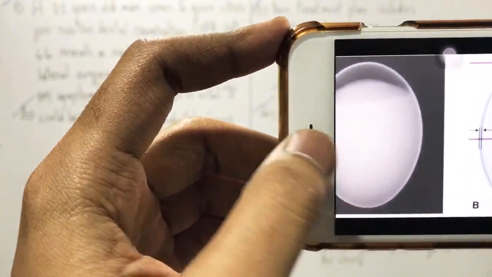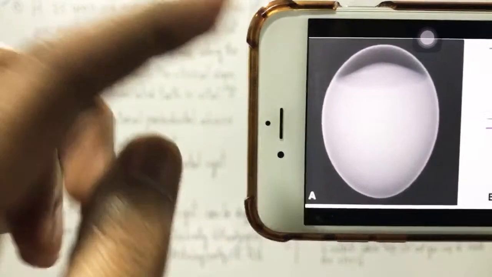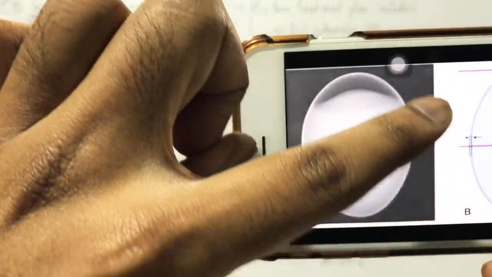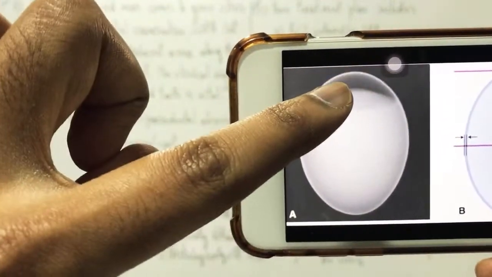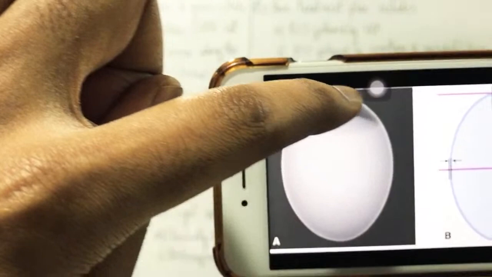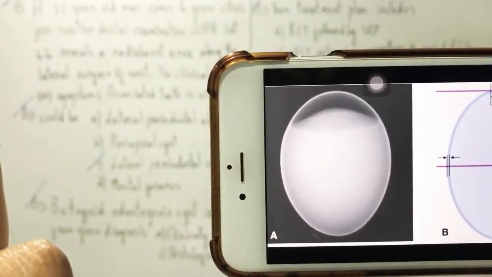In this particular image, you can see the egg, right? The egg contains a shell which is uniform in thickness all over. But surprisingly, you can find the radiopacity only along the periphery. Why is that?